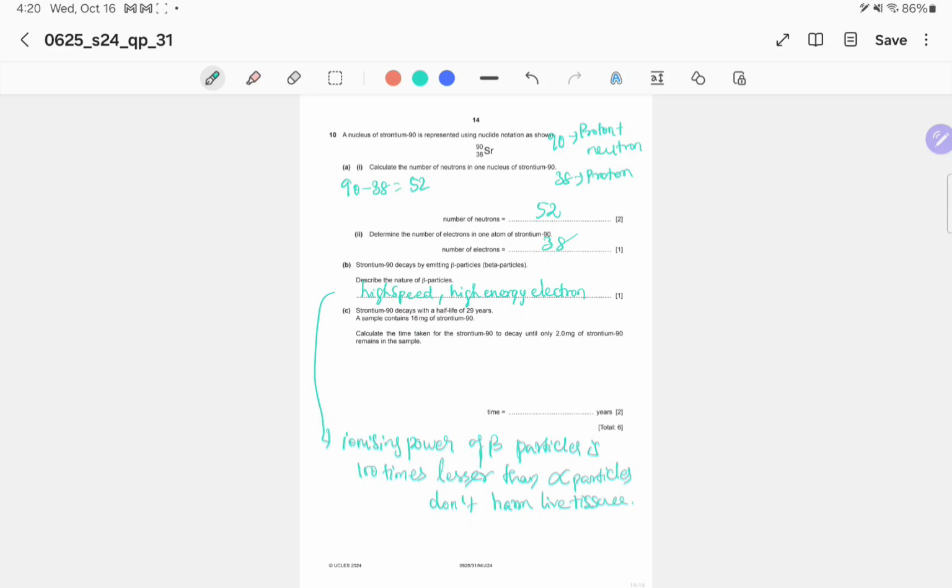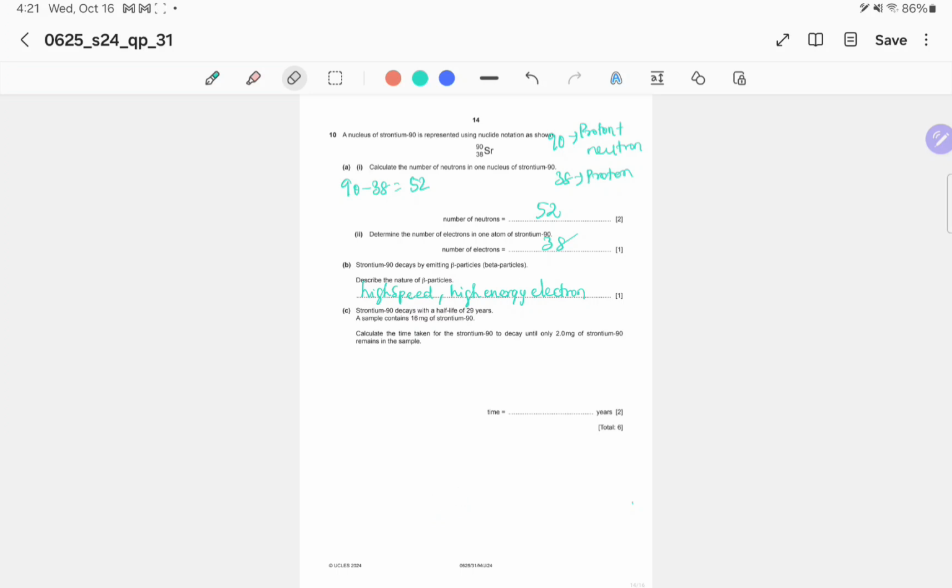So next question, strontium-90 decays with a half-life of 29 years. A sample contains 16 mg of strontium-90. Calculate the time taken for strontium-90 to decay until 2 mg of strontium-90 remains in the sample. I'll erase this part because I have to calculate here.